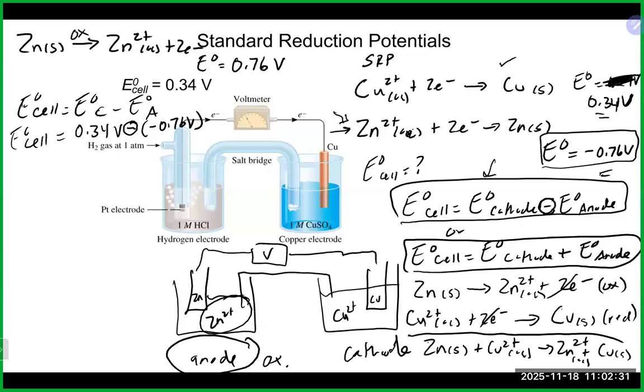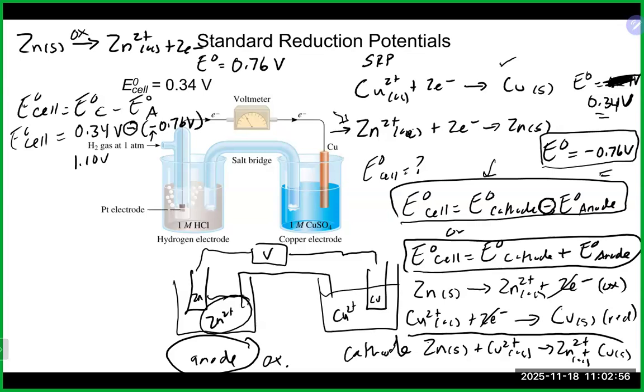So by subtracting, the subtraction will reverse the sign for you without you having to change the sign yourself. So if you don't want to have to fuss with changing signs, you subtract those values just like that, and it will always change the sign of the anode.